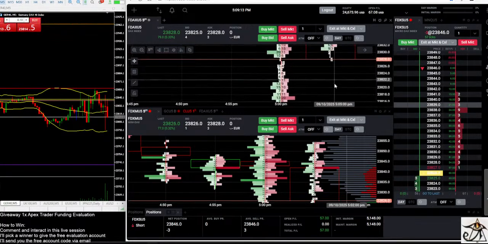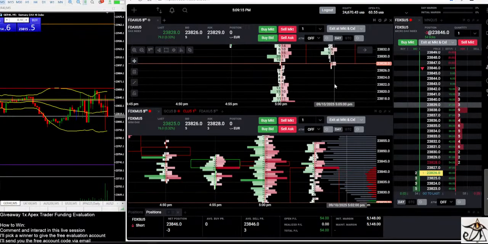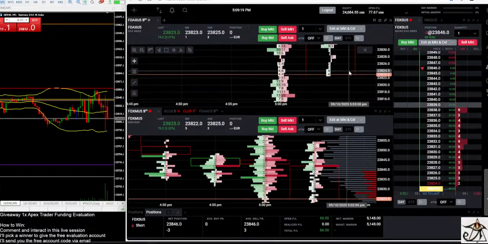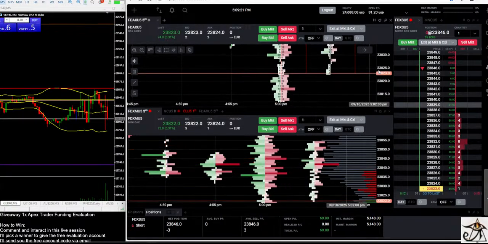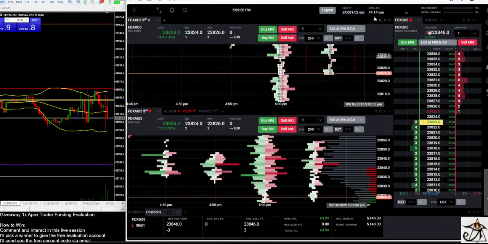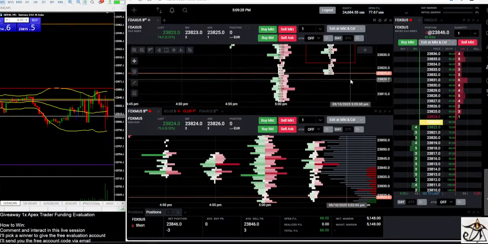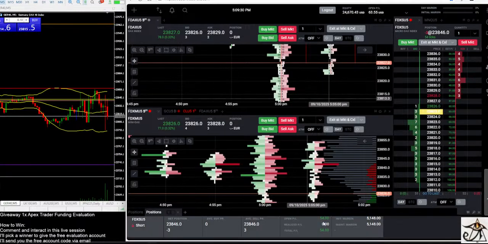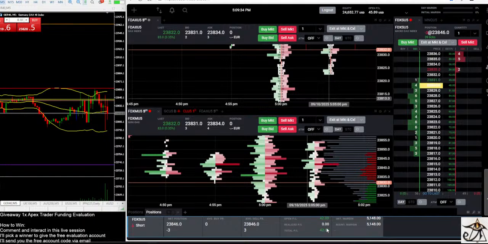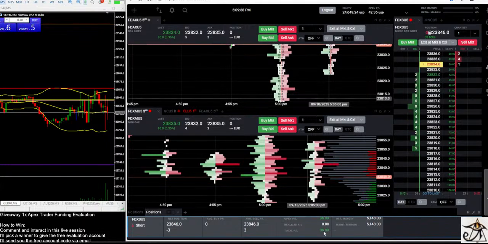Again, guys, not financial advice. I could be wrong. This is just sharing my experience of trading the Apex Trader Funding Challenge. We're currently sitting at about $70 odd in profit for today. This total P&L down the bottom here is in euro, I think, or either that or there's a delay.